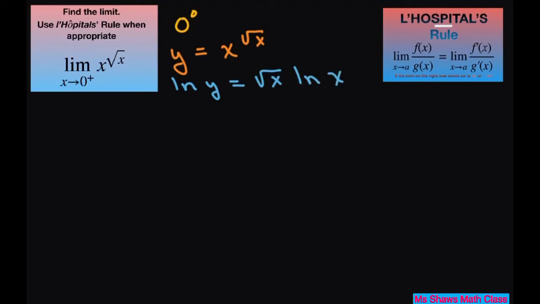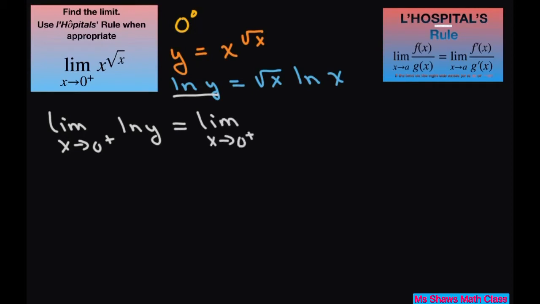Now when you write your limits, we're going to write the limit as x approaches 0 from the right of ln of y equals the limit as x approaches 0 from the right of square root of x times ln of x.